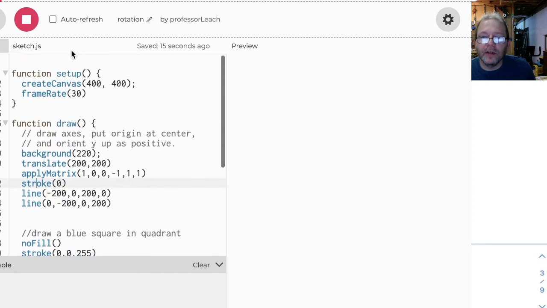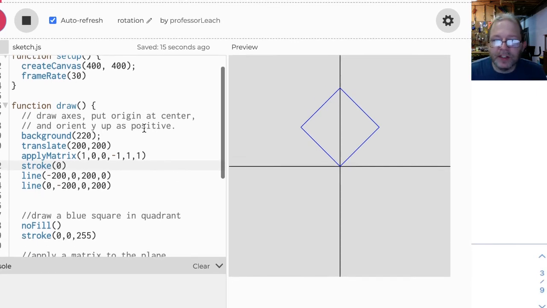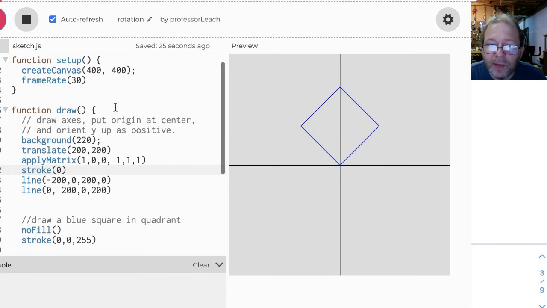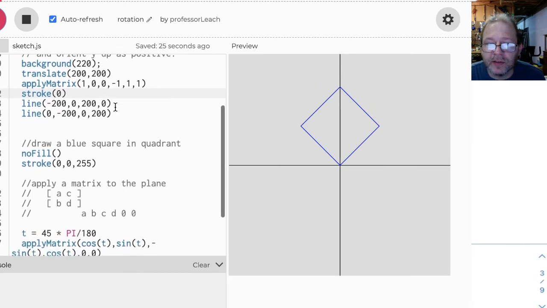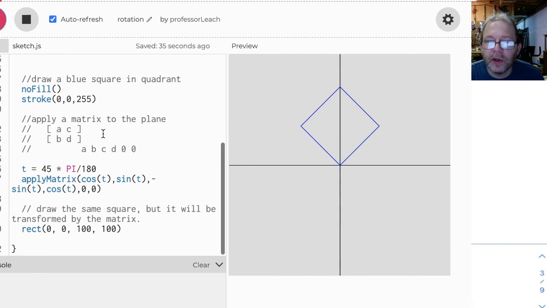I'm going to click auto refresh so that it'll automatically change as I put things in here. I've still got a 400 by 400 canvas. Frame rate equals 30, which means this is going to do an animation. Up here, I've got the same stuff as before.